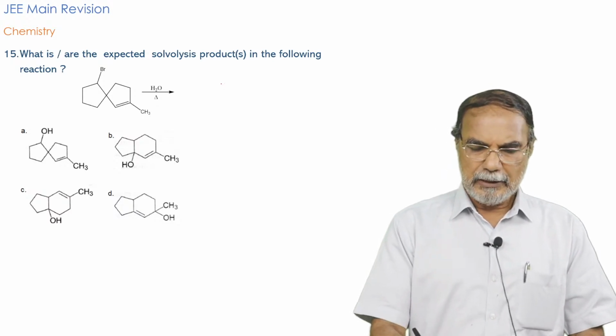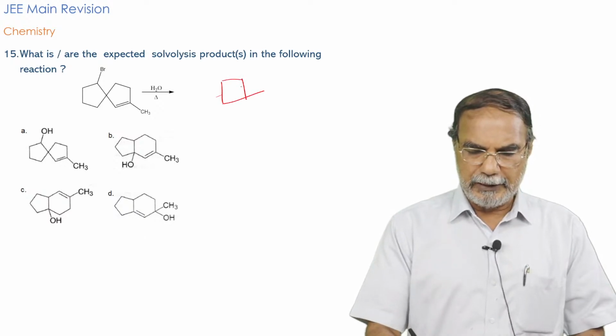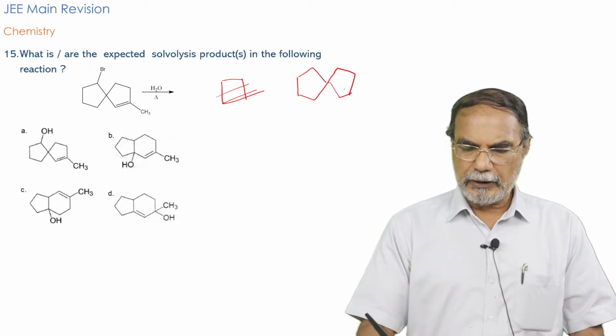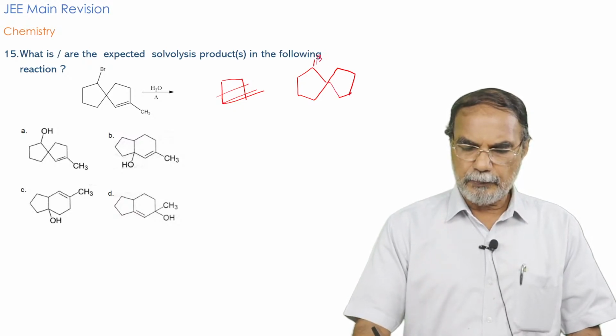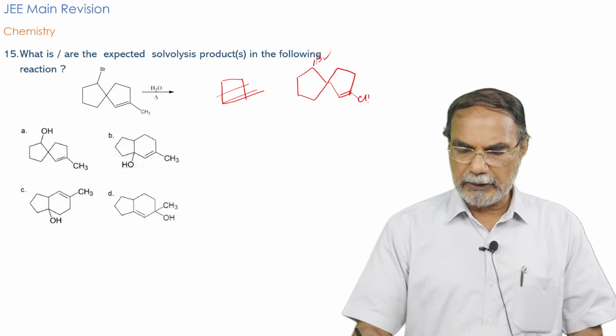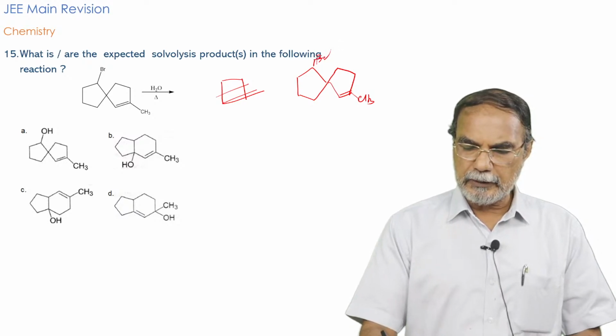That means again you are coming to the chemistry of carbocations. Here you have 5 carbon atoms, here also you have 5 carbon atoms, and here you have bromine. Here you have a double bond, here you have methyl. So what is the carbocation formed? At this point the carbocation is formed.